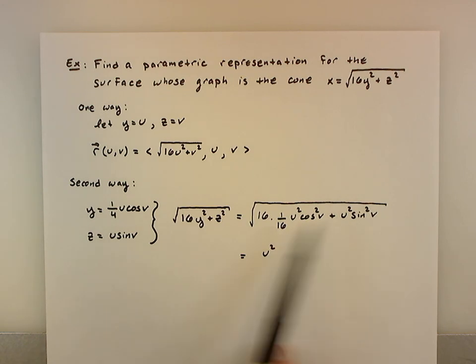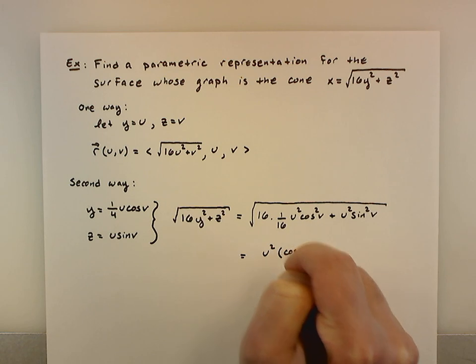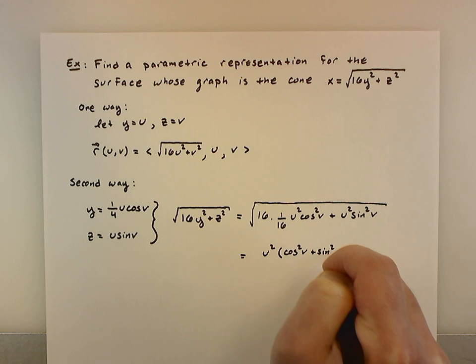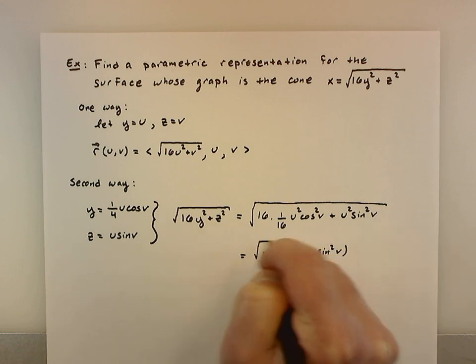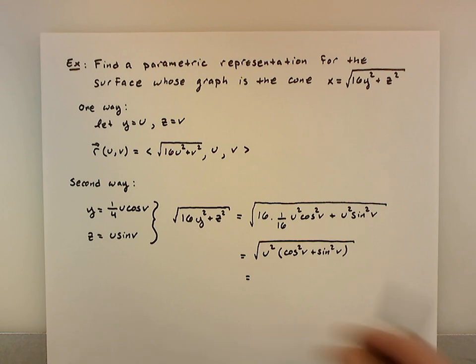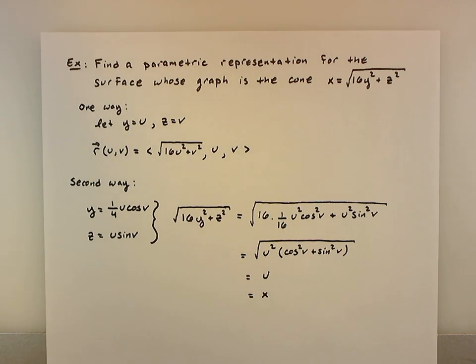Both of these terms have a u squared. If I factor out a u squared, I'm left with cosine squared v plus sine squared v, which is equal to the square root of u squared, which is equal to u, and then u is equal to x. So this technique takes a little more creativity.